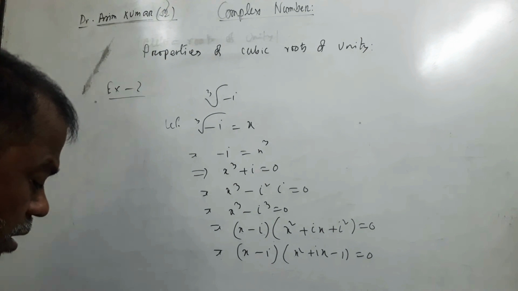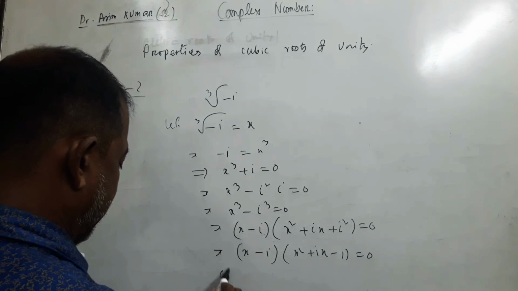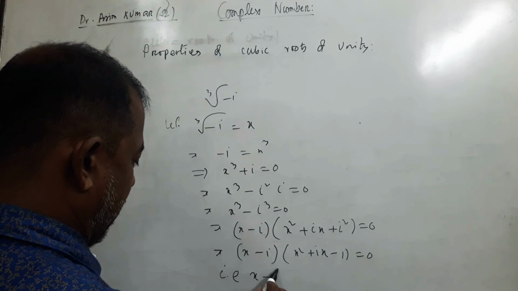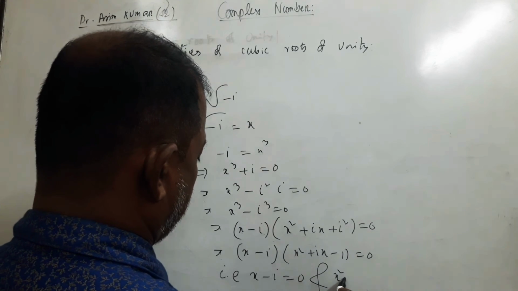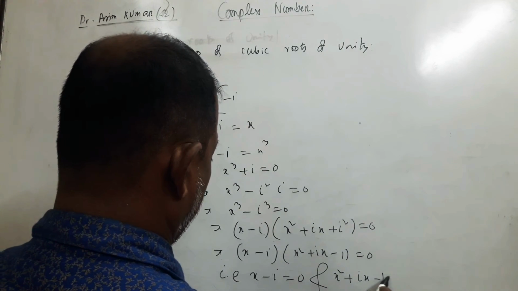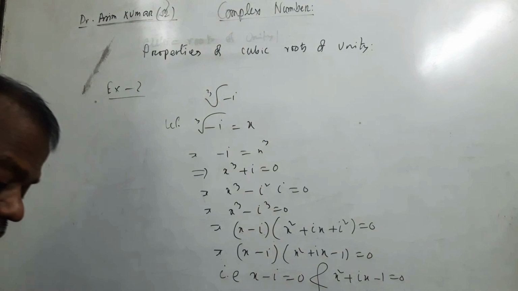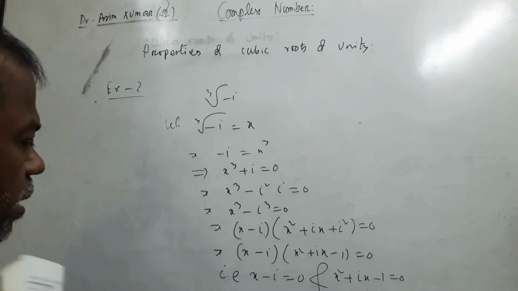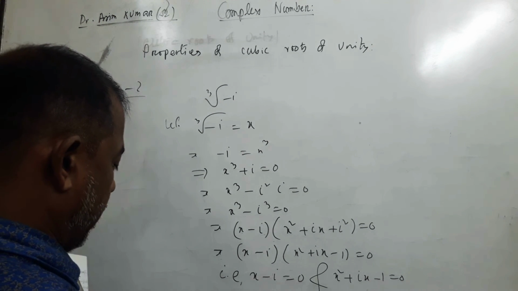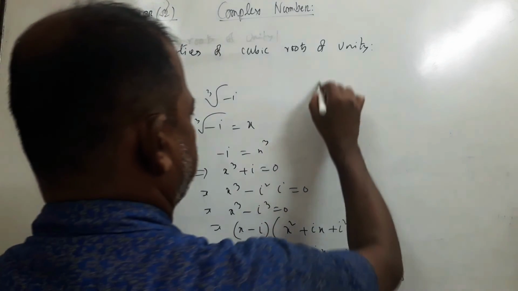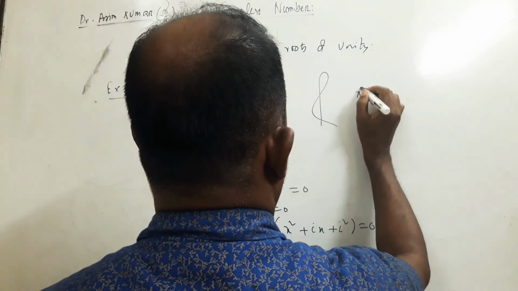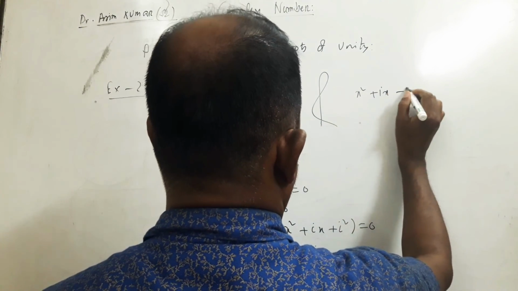So x minus i equal 0 and x square plus ix minus 1 equal to 0. So x equal to i is one root.